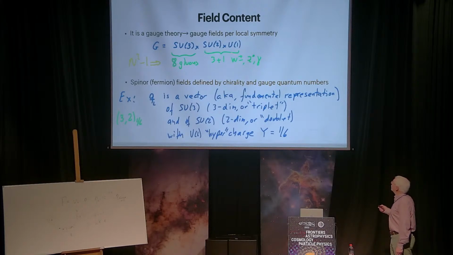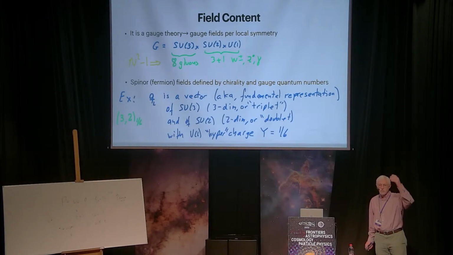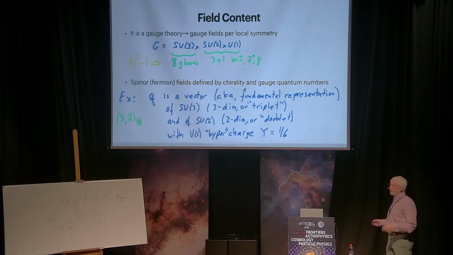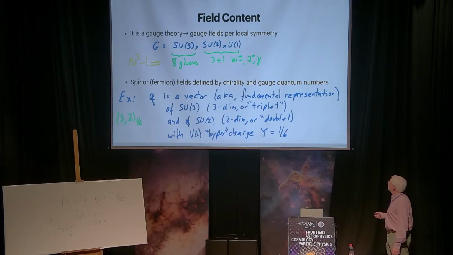And then for U1, since it's just a phase, you just have to specify a charge. When you rotate by a phase, there's a coefficient in front. Do you remember, for electrons it was -1, for positrons it was +1. We call that charge, but it's not really electric charge, so we call it hypercharge. And we denote it by the letter Y. And in this case, the hypercharge is 1/6.